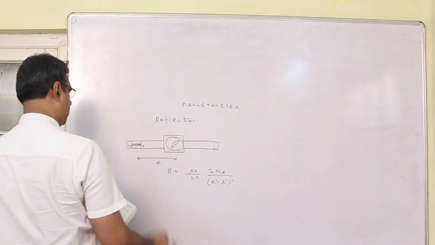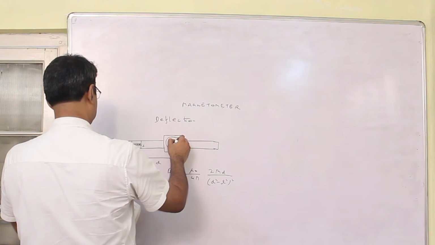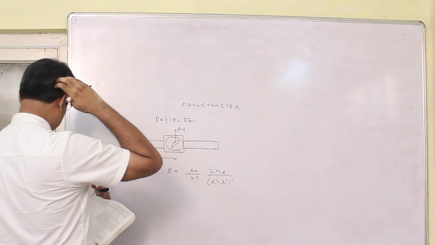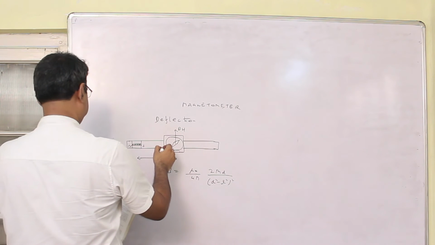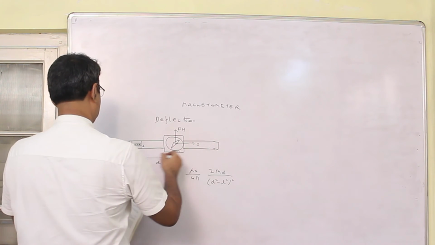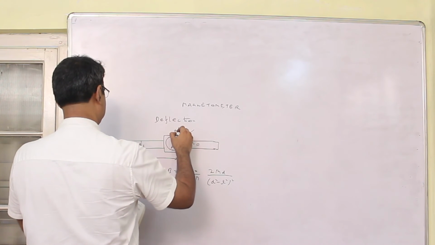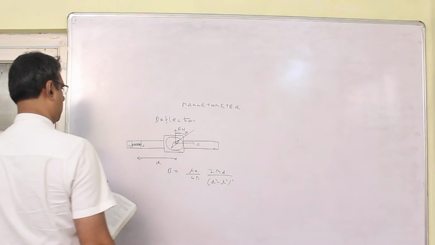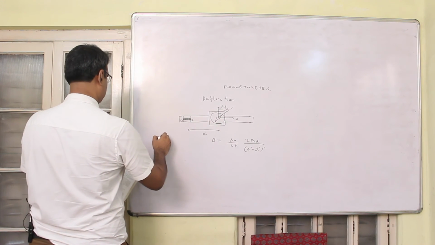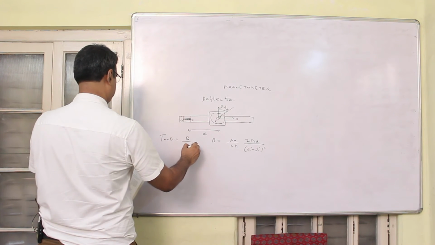Now the horizontal component of the Earth's field will point like this, and the field due to the magnet will point like this, and we can easily measure this angle theta from the circular scale. So you can see that tan theta is B by BH.